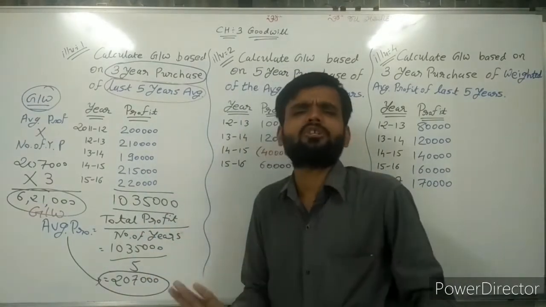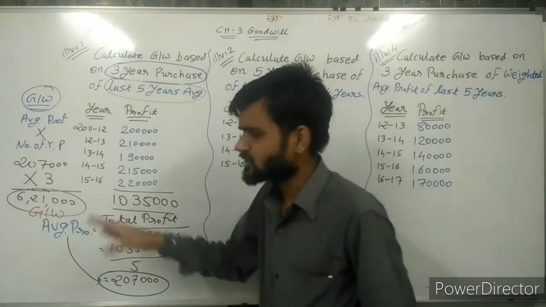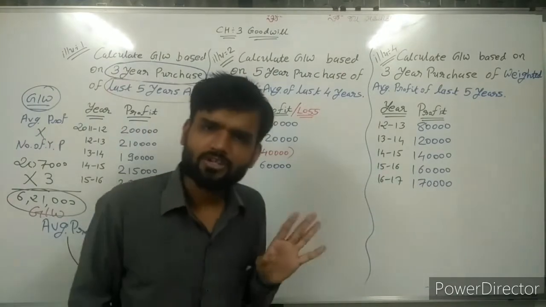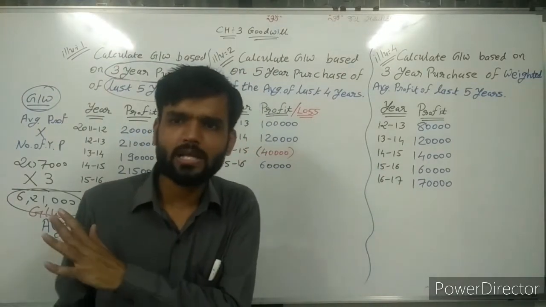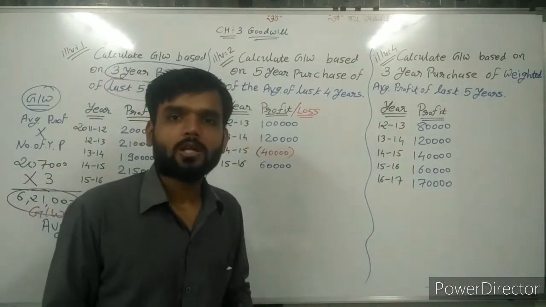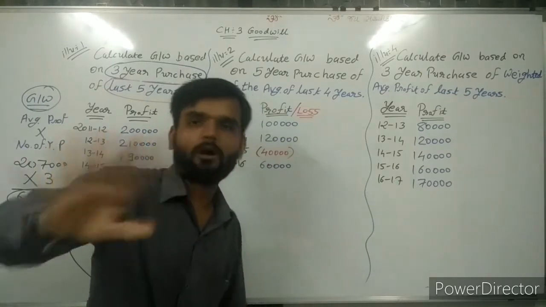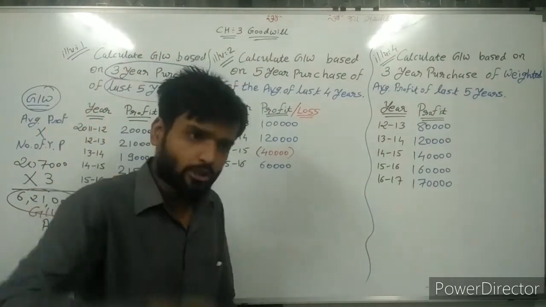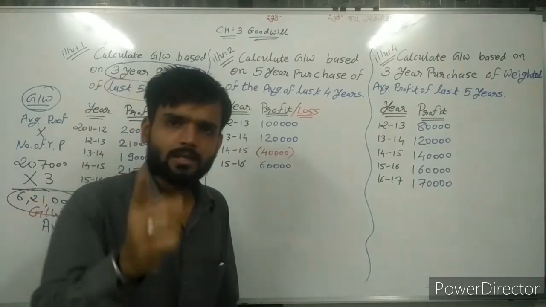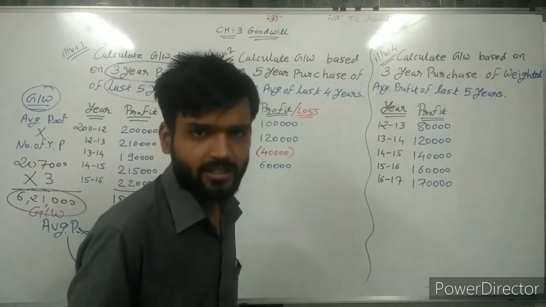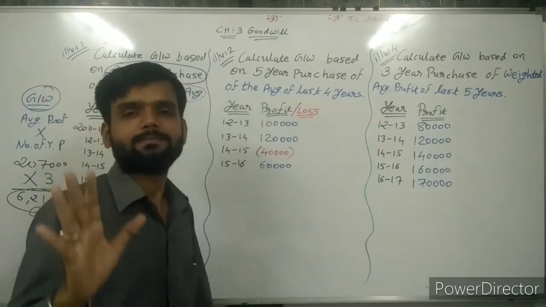Average profit is compulsory to find. It may be simple average or weighted average, but compulsorily we need to find it. In all the 4 methods, finding average profit is compulsory.